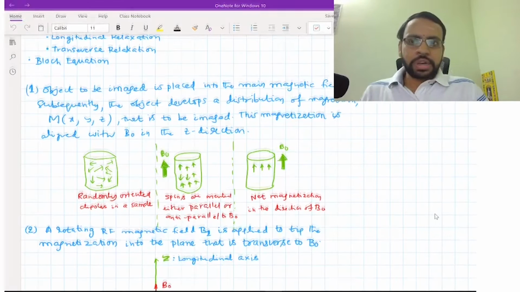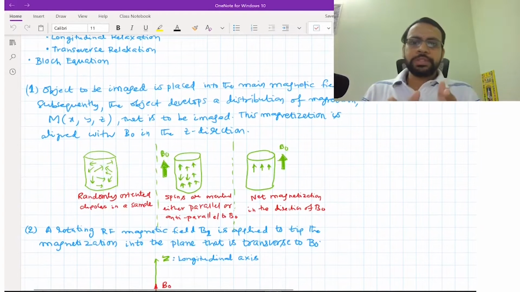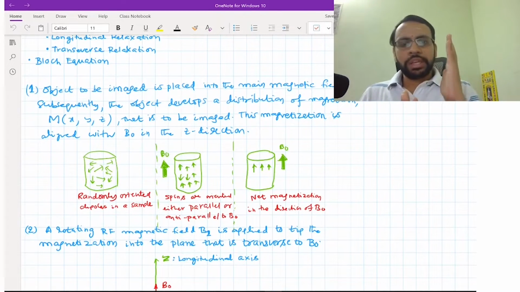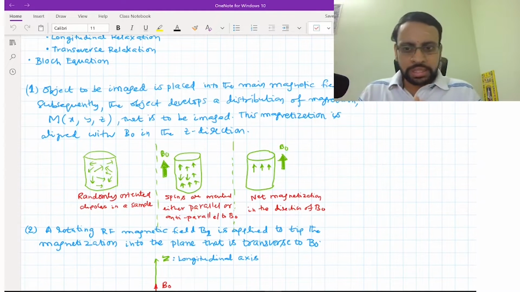Okay, let's start. Let me first recap a few important concepts that we discussed regarding applying the magnetic field B naught, the strong external magnetic field. For this purpose, you consider a sample or a voxel that you would like to image.